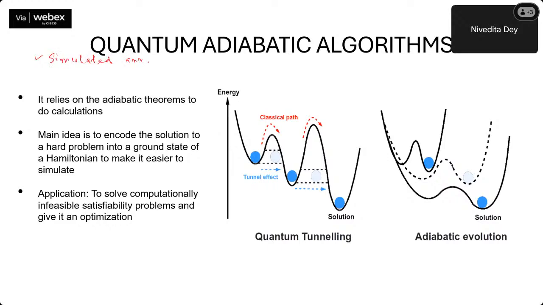Simulated annealing. Let me just write it down. Simulated annealing. Then it was quantum annealing, or say quantum tunneling. Okay, so simulated annealing, think of it as a big kind of ground where there are certain kinds of, say, it's just like this.